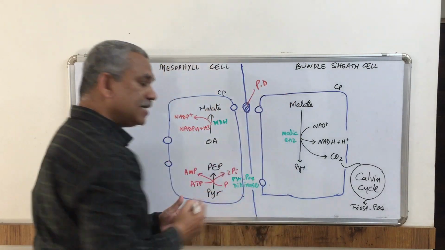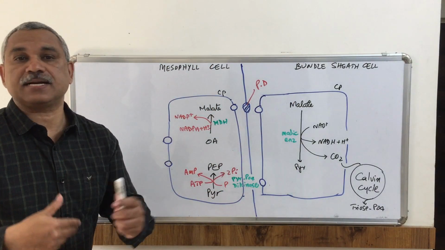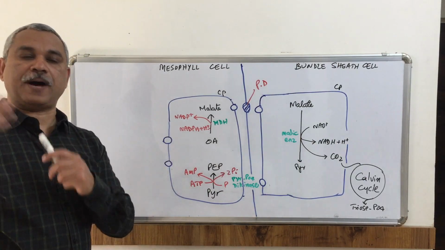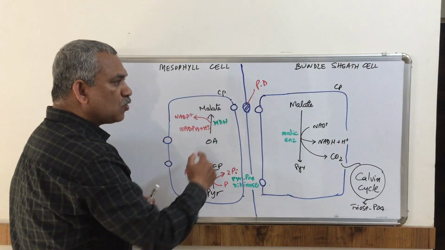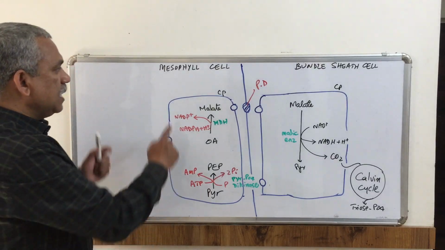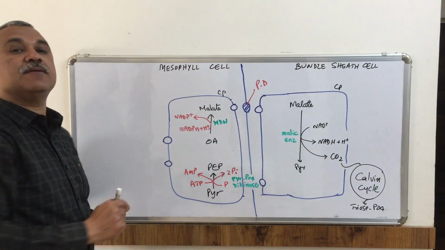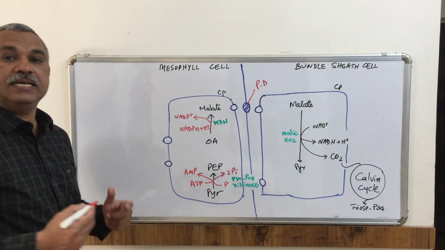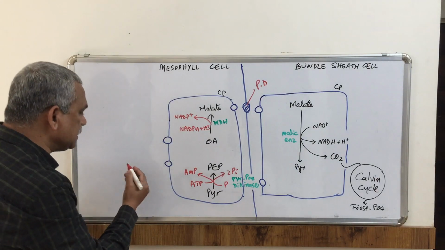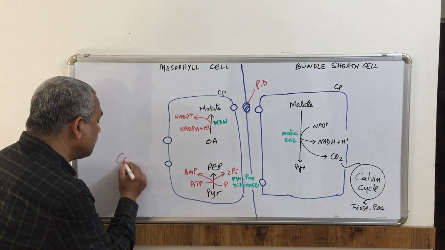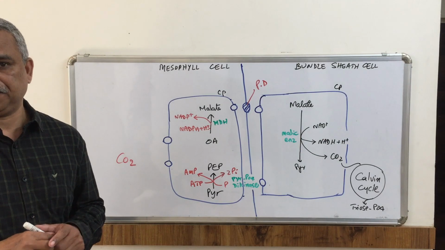This is the plasmodesmata that will act like a channel for molecules to pass through. Both are chloroplasts. This is the chloroplast in the mesophyll cell, and what generally happens is a molecule of carbon dioxide enters.